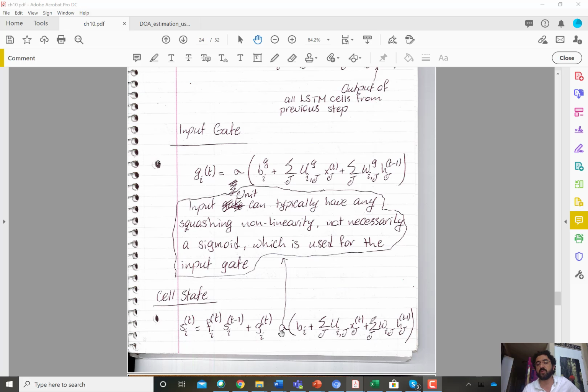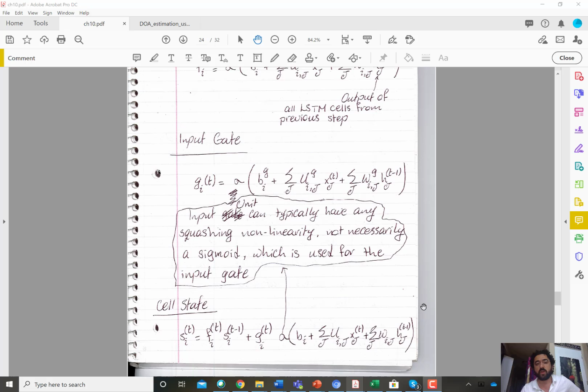So this is important to note. Sigmoid has been successful with the gate nonlinearities, not necessarily for the input nonlinearity. And then a bias value for the state plus weights connected to the input plus weights connected to the previous state, right?